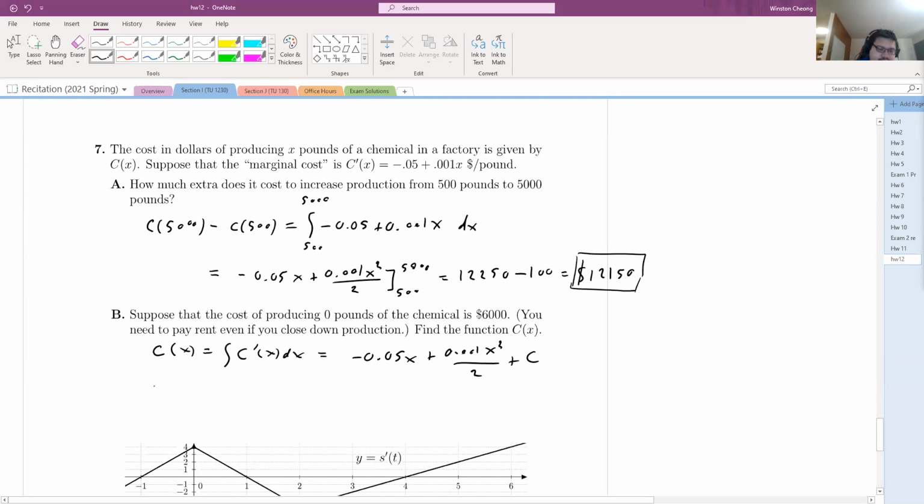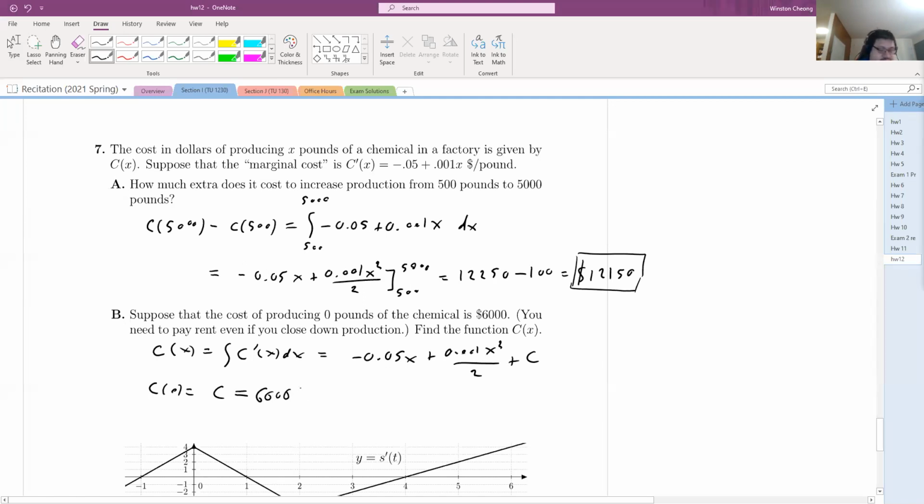And then the problem tells you that C at 0 is equal to 6,000. So C at 0, you can see, is just going to give you the value for the constant, which is supposed to equal 6,000.